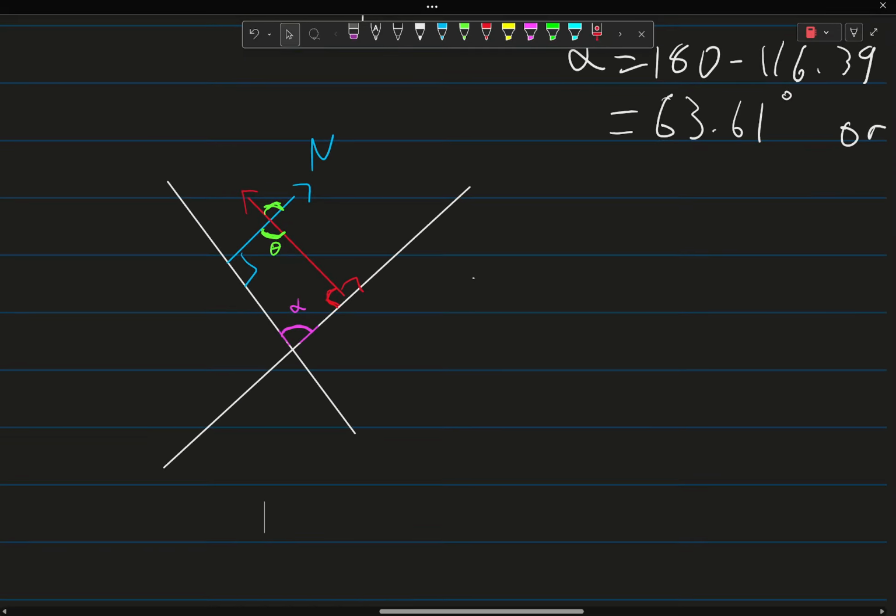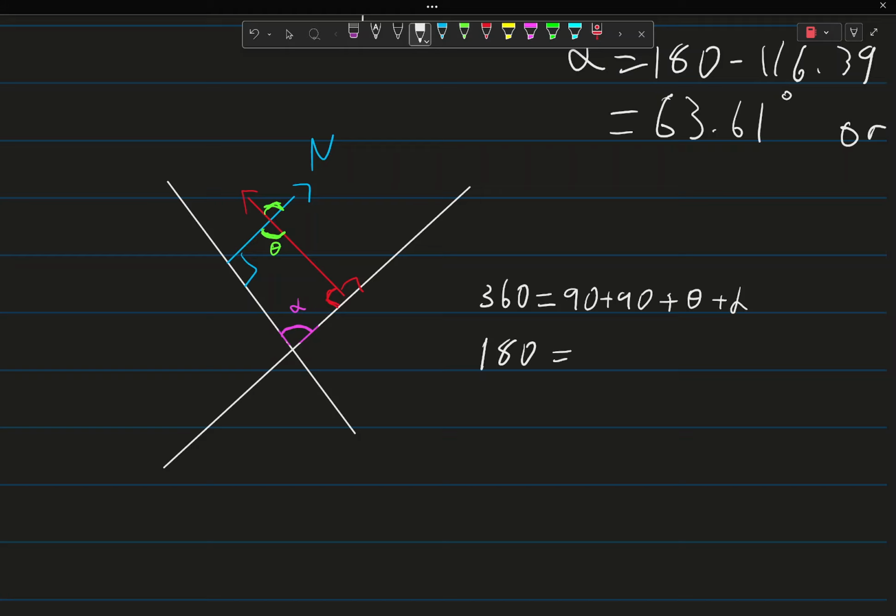That means we have 360 equals 90 plus 90 plus theta plus alpha. So 180 equals theta plus alpha, so alpha is 180 minus theta. Okay, never mind then.